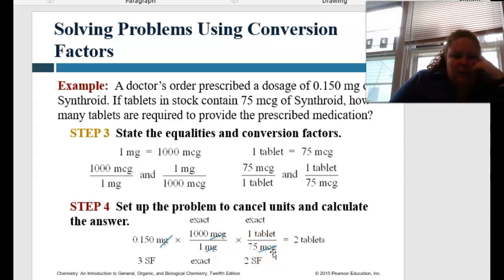The only one that's not canceled out would be tablets. And so what we'd end up doing is 0.150 times 1,000 times 1 divided by 75, and that would give you 2 tablets. Since we go to the lowest number of sig figs, that would be 2 sig figs, but it ends up being an exact number. So that would be your 2 tablets.